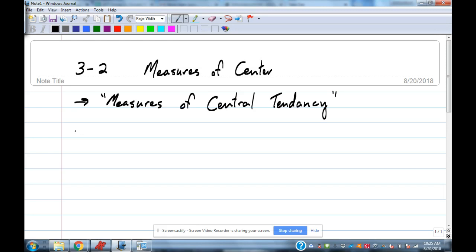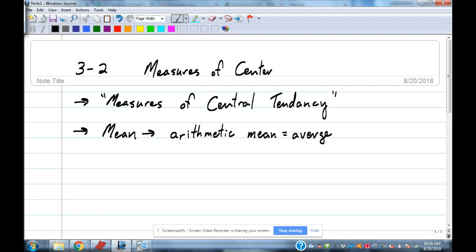One of those measures of central tendency was the mean. Okay, and the mean that we were talking about then was the arithmetic mean, which is just the average. We all know that. Okay.